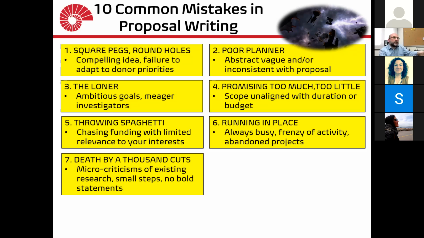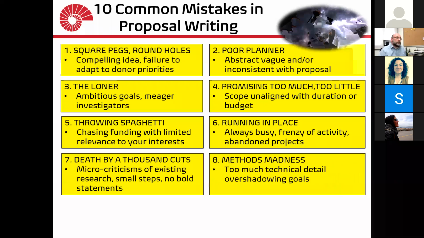There is this theory in the literature, but I'm not comfortable with that. Very micro criticisms of the state of the art, but there are no bold statements. The proposal is all over the place. It is attacking these little targets without identifying a bold statement.